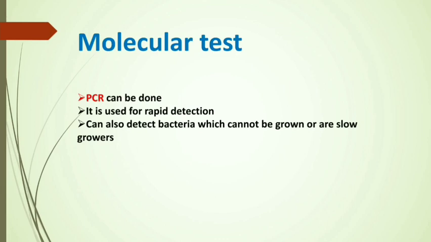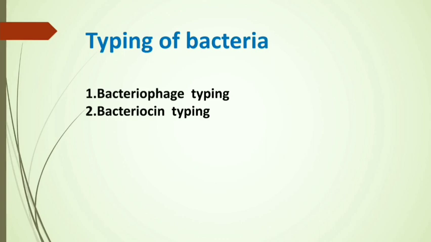Then molecular test PCR, polymerase chain reaction, can be done. This is a rapid detection test. It can also detect bacteria which cannot be grown or are slow growers. Lastly, we do typing of bacteria. We do bacterial typing by bacteriophage typing or even bacteriocin typing.